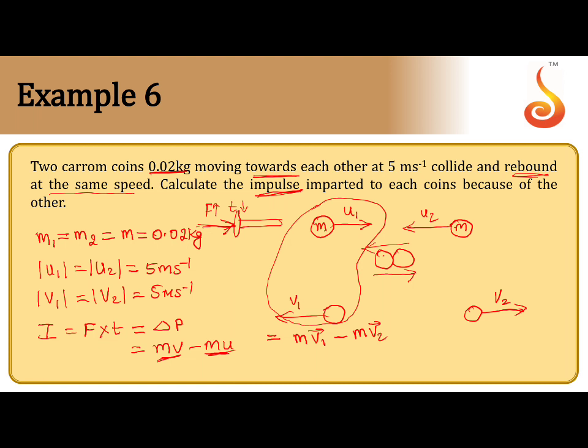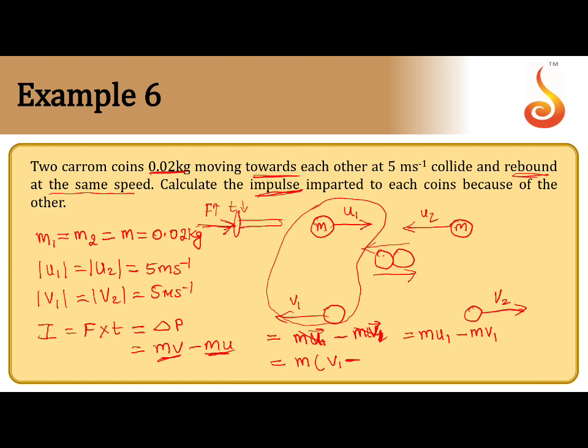Sorry, this should have been u1 and v1. I am sorry, I made a mistake here. This is equal to m into u1 minus m into v1.